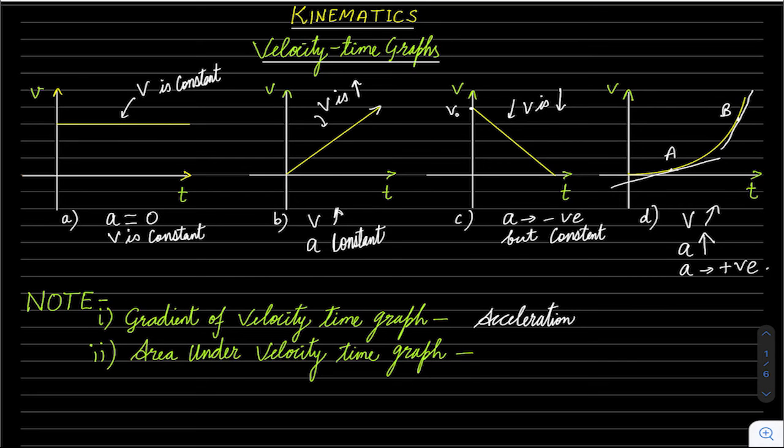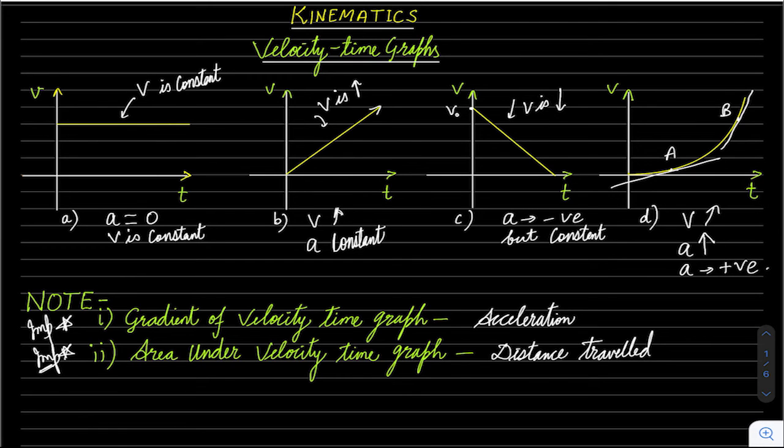So the next thing: area under a velocity time graph gives you distance covered or distance traveled. So that is also very important. These 2 points are the most important points for velocity time graphs. First, gradient gives acceleration. Second, area: if you find the area under a velocity time graph, that gives you the total distance traveled.